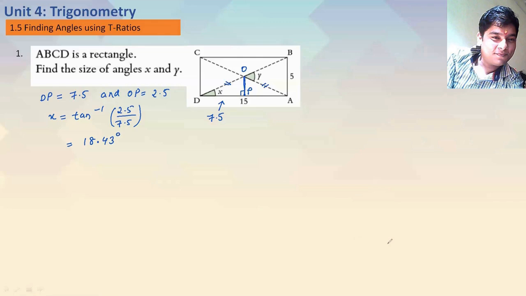I'm not sure. Okay, listen. If this angle is x, will this angle also be x, the angle at A, the smaller angle? Yes, because it is an isosceles triangle, right?